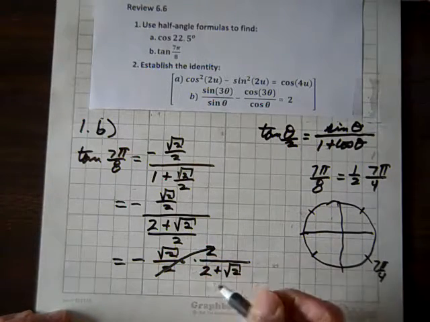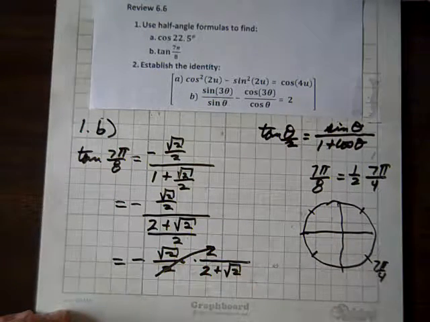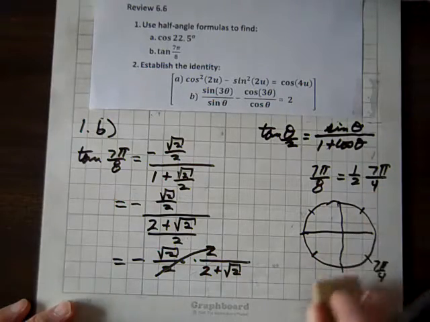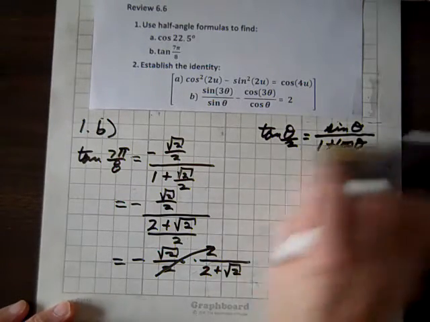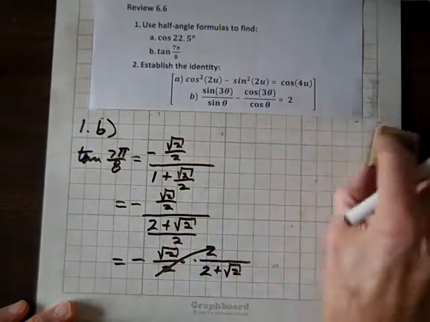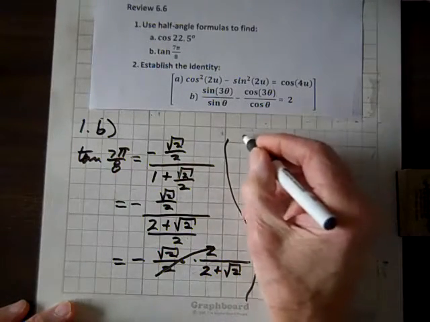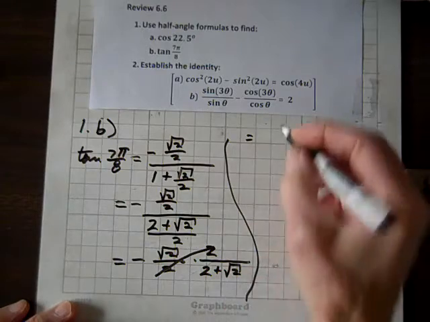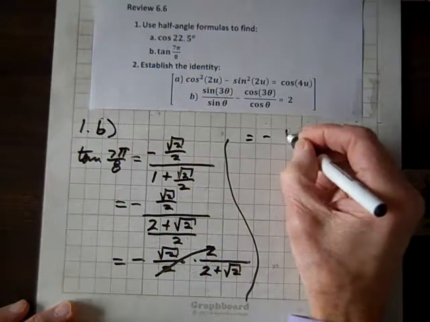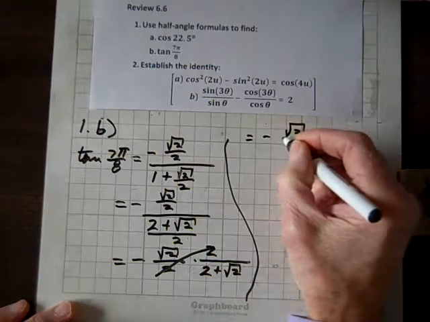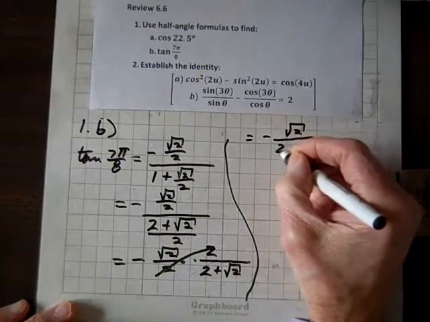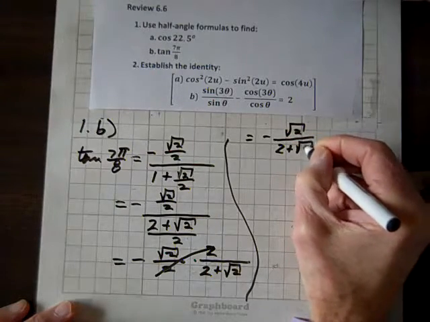So these divide out, and now we're going to erase a few things here so we have room to work. And this equals minus root 2 over 2 plus root 2.